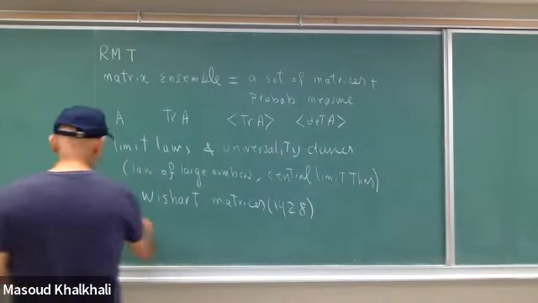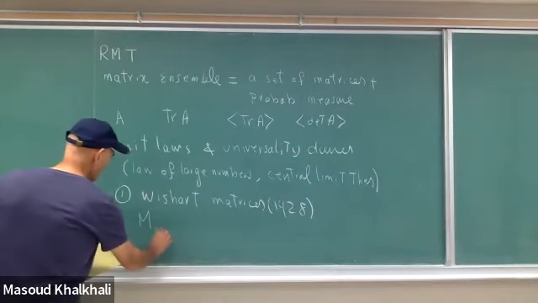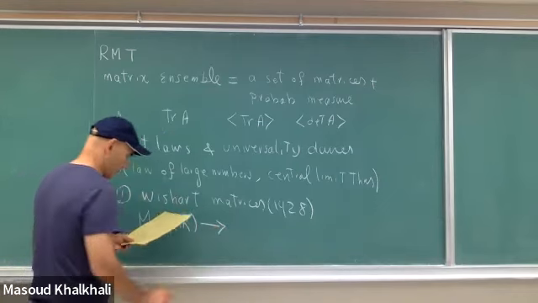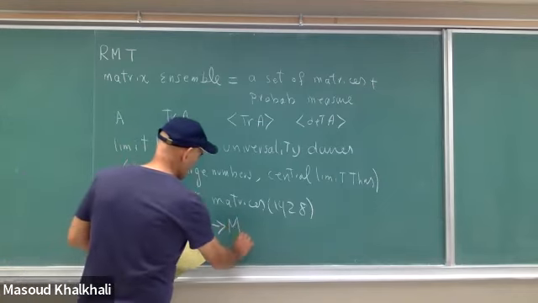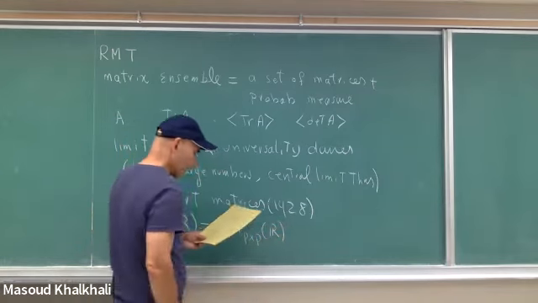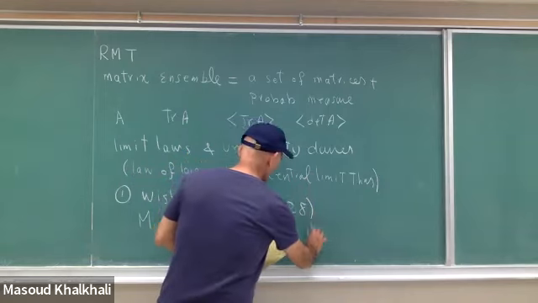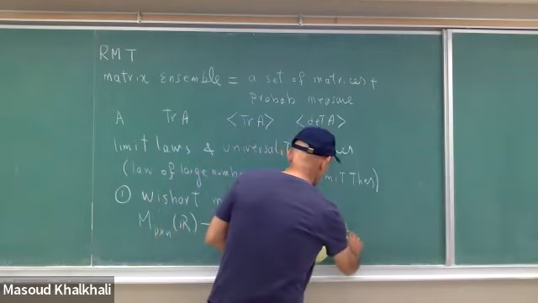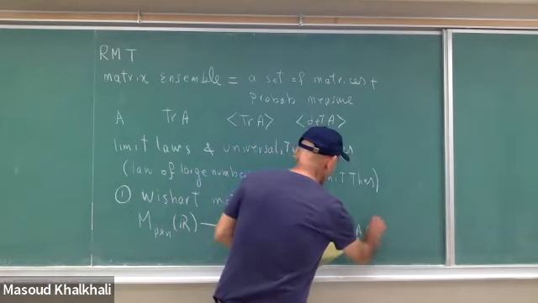So you define a map from p by n matrices, real matrices, to p by p matrices. The map basically sends a matrix A to 1 over n A A transpose.